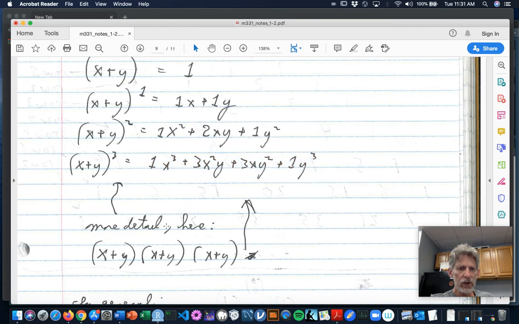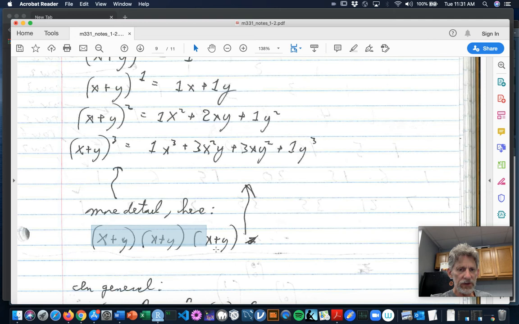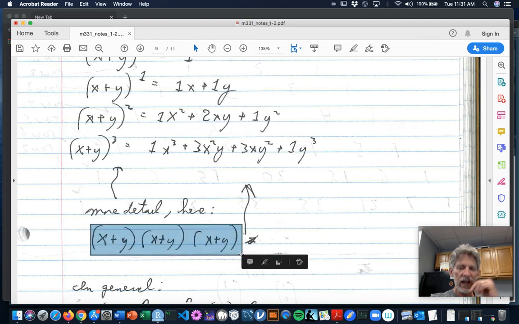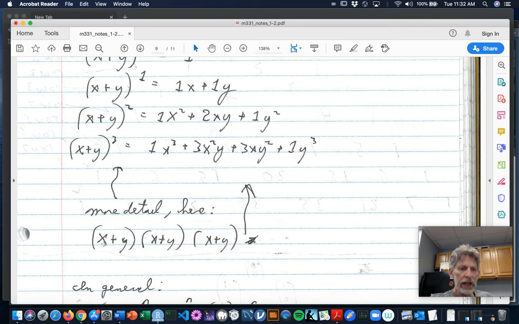I'm going to go into a little more detail on how you would do all that multiplication. One way to look at it is, any term in the multiplication means choosing something from the first factor, like maybe I choose the x, then something from the second factor, like a y, and something from the third factor, like maybe this x.